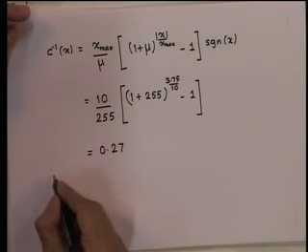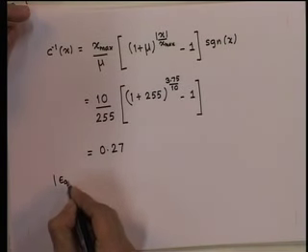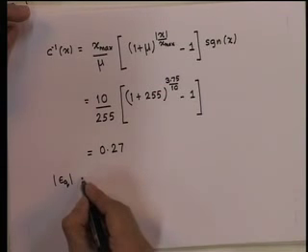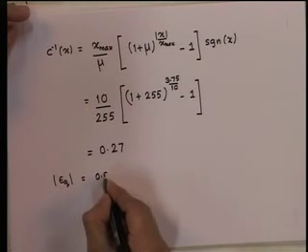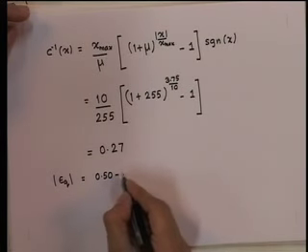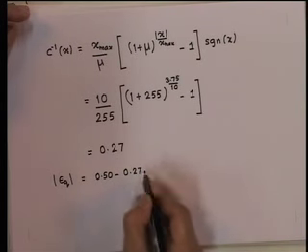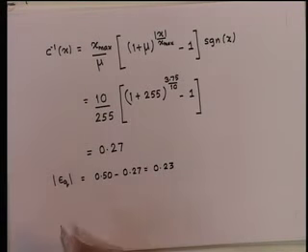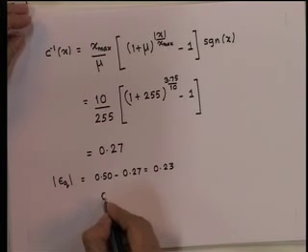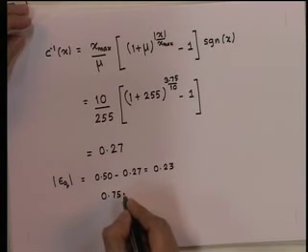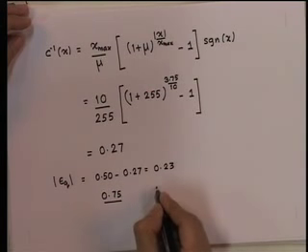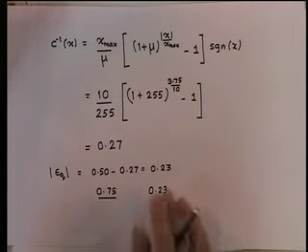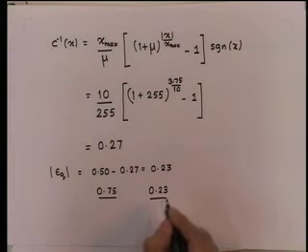So, in this case the quantization error with companding, absolute value, is equal to 0.50, which is the input, minus the quantized value 0.27, which is equal to 0.23. So, without companding we have an error of 0.75, whereas with companding we have an error of 0.23. So, this shows an advantage of companding.